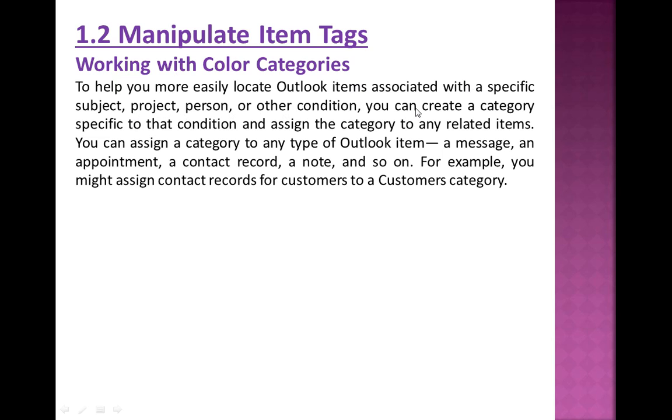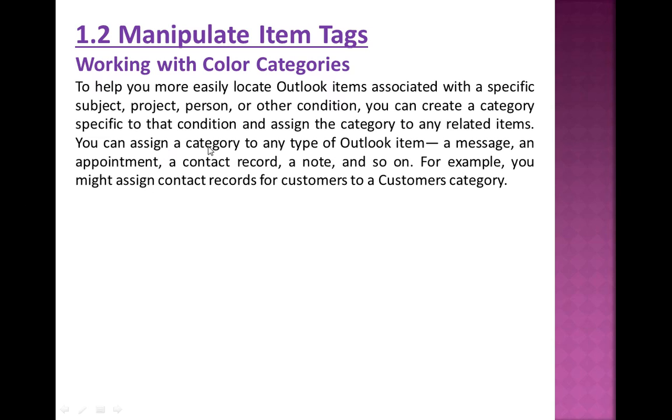You can create a category specific to that condition and assign the category to any related items. You can give the Outlook items a very attractive look, like red, blue, black. So you can change the color of the Outlook items.